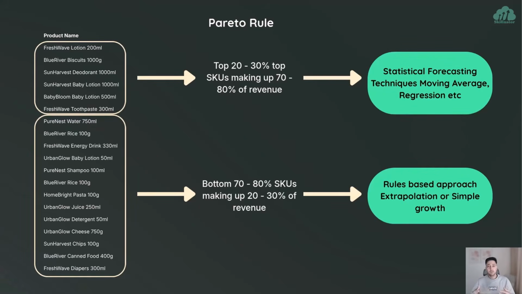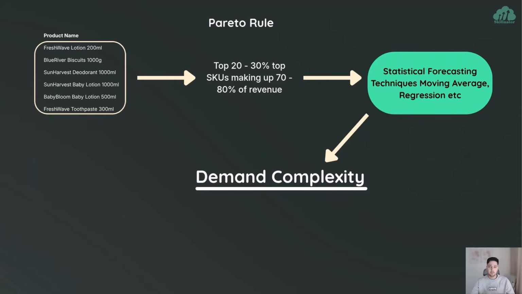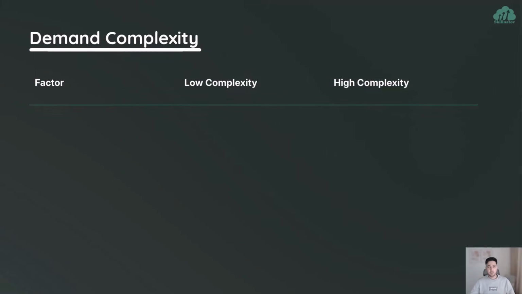Now let's focus on the top 20 SKUs that drive most of the revenue. For these SKUs, we need to decide which forecasting technique we want to use, and that decision depends upon the demand complexity. You can broadly classify demand as high complexity or low complexity based on a few questions. The first question is about whether the demand of your product is stable or volatile. If your product has a smooth, stable demand that does not have a lot of fluctuations and is quite resistant to impact from external factors, then your product has low demand complexity.